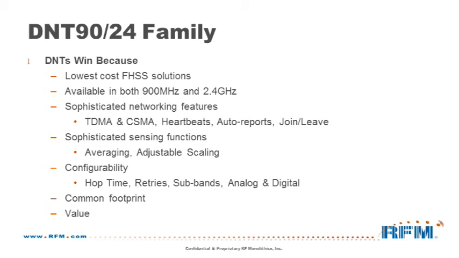So if you're interested in a temperature, let's say, but only when it gets above 50 degrees C, you don't care about readings less than 50 degrees C, so you can adjust the scaling so you get more resolution between, say, 50 degrees C and 70 degrees C. These were driven by some sensing customers that we have for the radios.